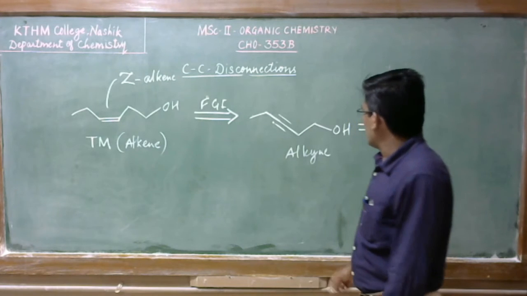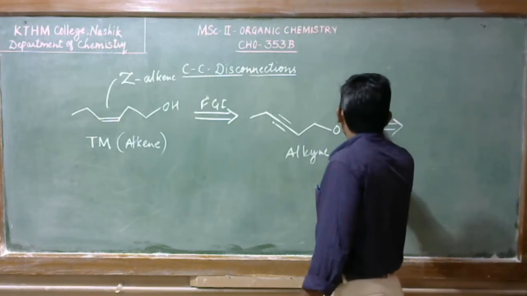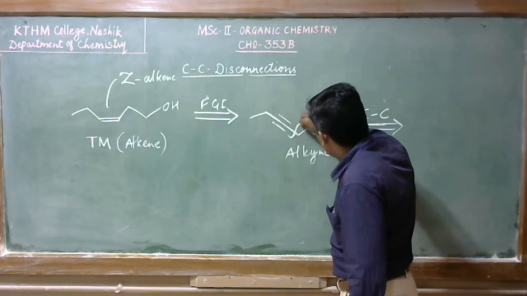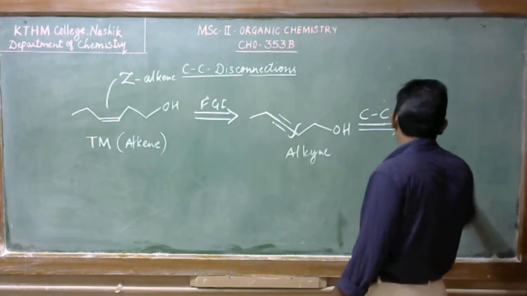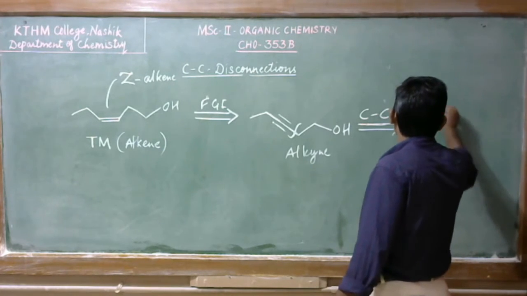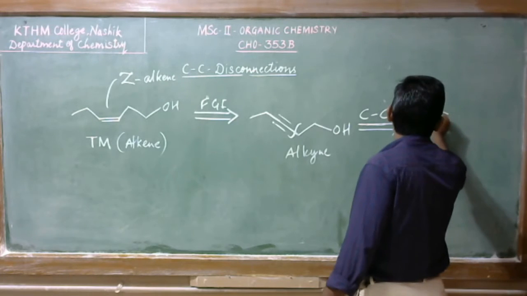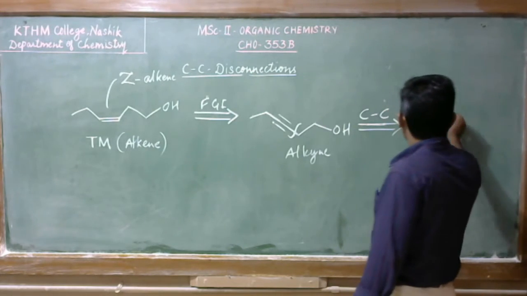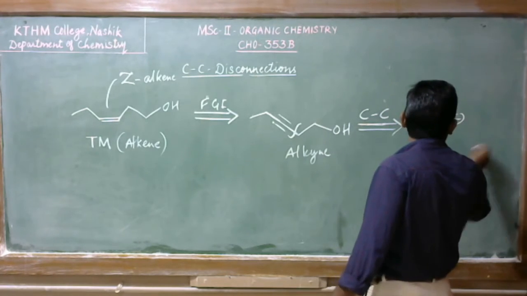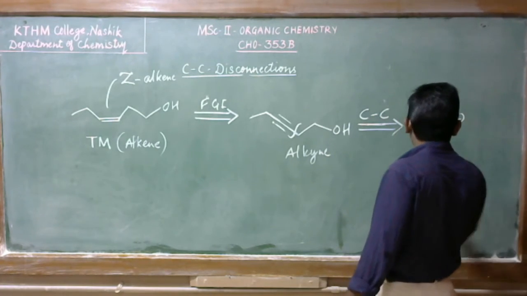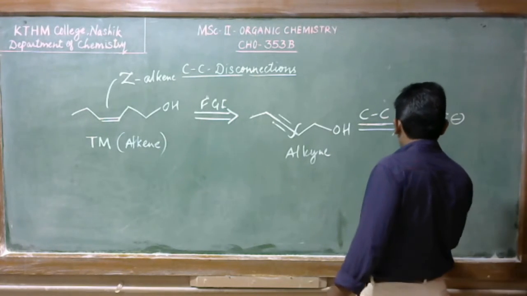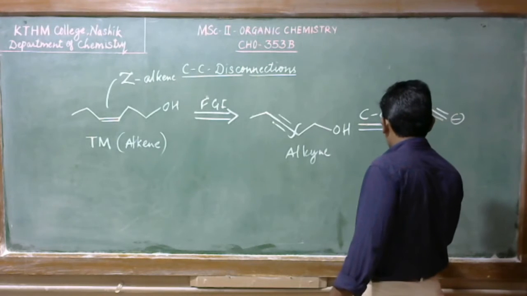we have this carbon-carbon disconnection. Let's put this line to disconnect this, so we will get these two fragments. One carbon will acquire this negative charge and the other will have this positive charge.